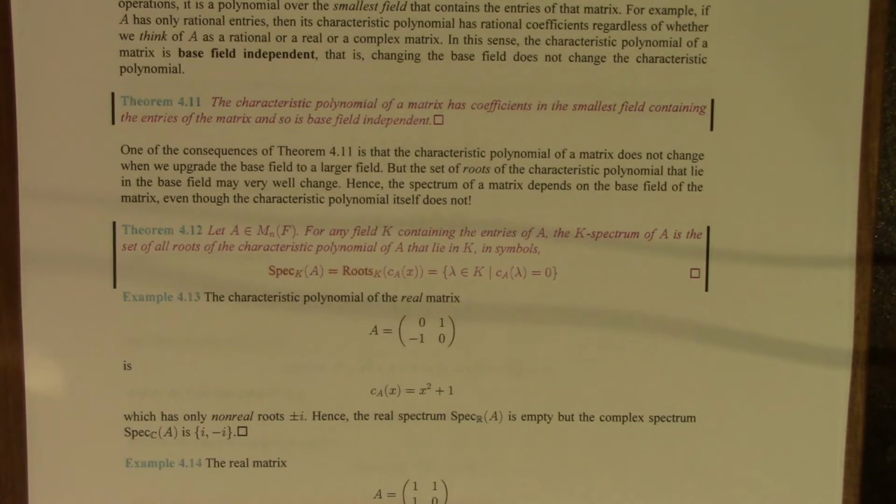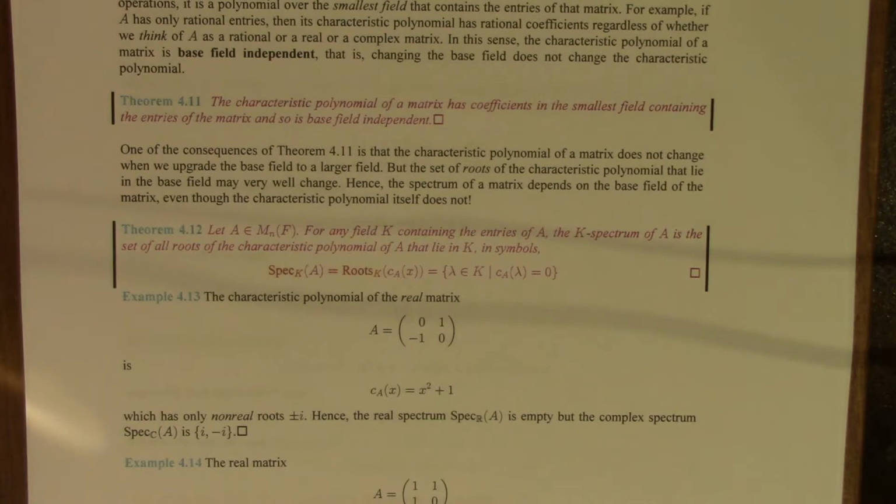So, to put it more plainly, you have a matrix A. Let's say it has rational entries. You can think of A as a rational matrix, a real matrix, or a complex matrix. The characteristic polynomial does not change, but the roots of the characteristic polynomial may be different if you allow only rational roots, if you allow real roots, or if you allow complex roots.